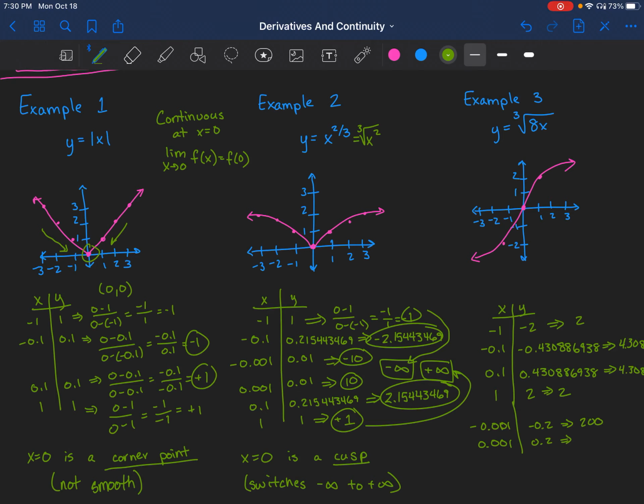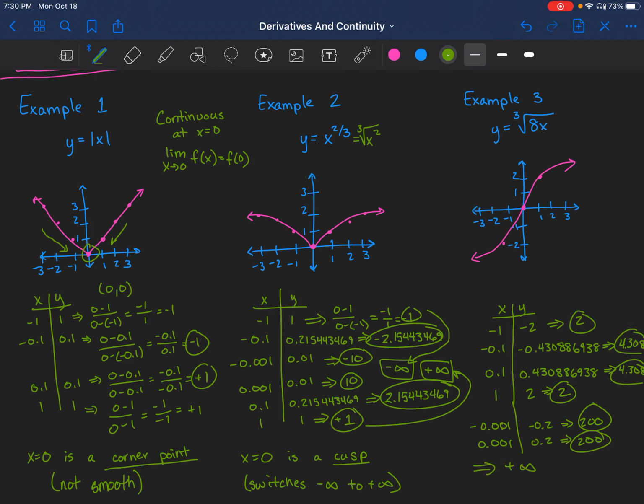Wow, that got really big really fast. And the same thing would happen if you checked that number. So hopefully you realize that even on this left side, it went from 2 to 4.308 to even 200. So on one side, it's heading toward positive infinity. Well, the same thing happens on the other side. So both sides, both limits, head toward positive infinity.